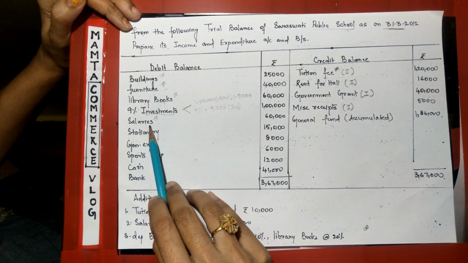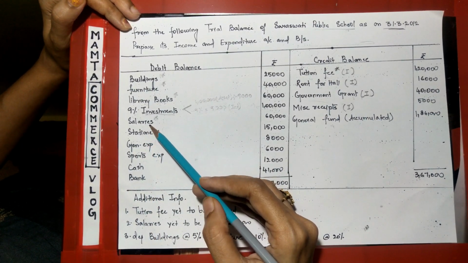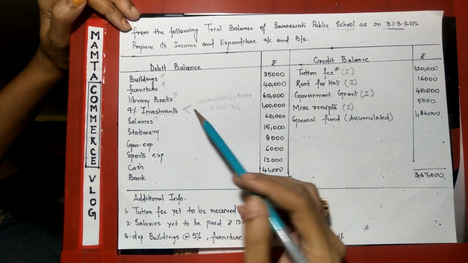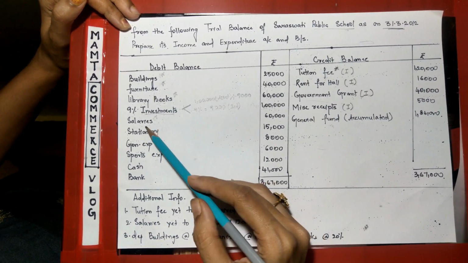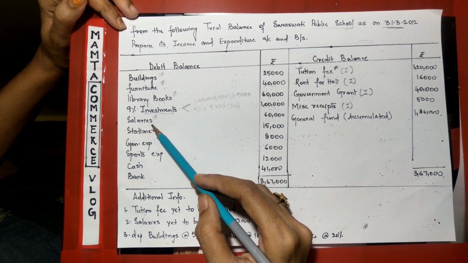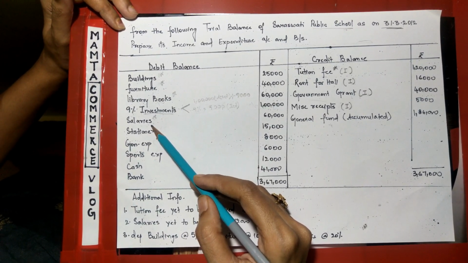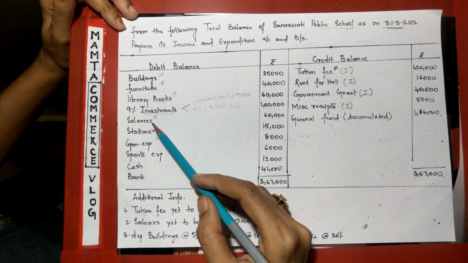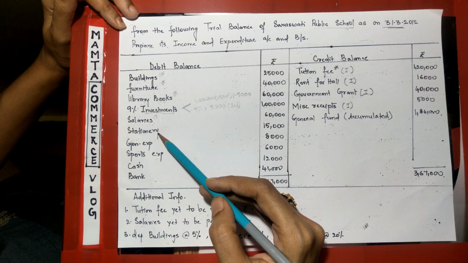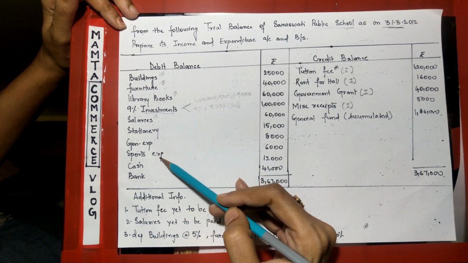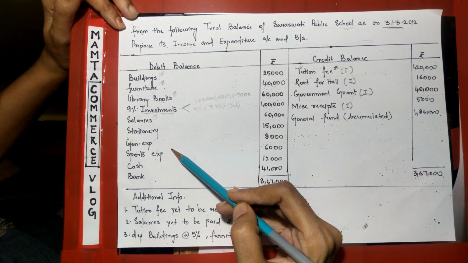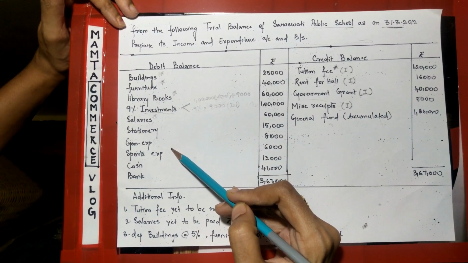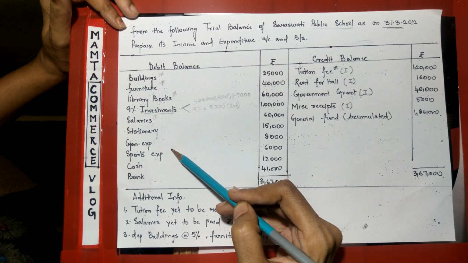Next we have salaries. For this salary we have an adjustment and we will make an adjustment in our proforma. Salaries is an expense to us, so we will write it on the debit side. It is an expenditure. Next is stationery, general expense, sports expense. These three things are also expenditure to us, so we will write it on the debit side of our income and expenditure account.